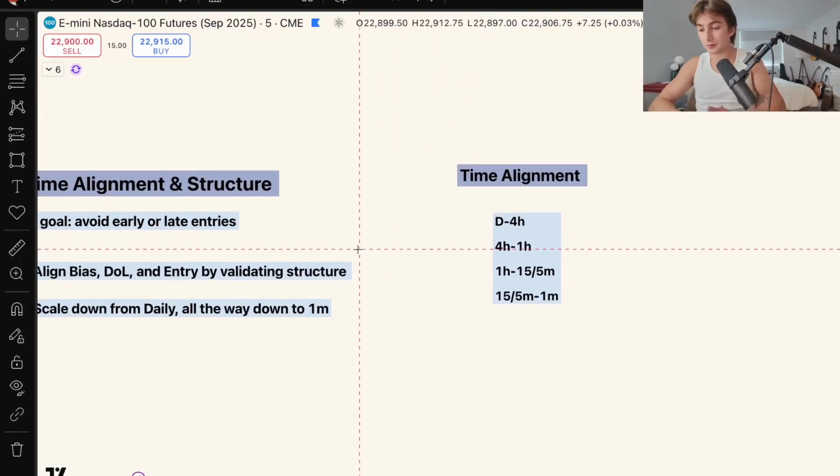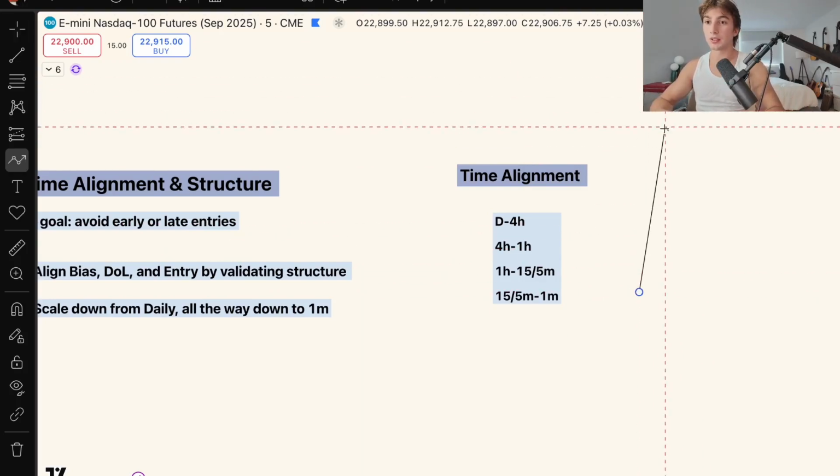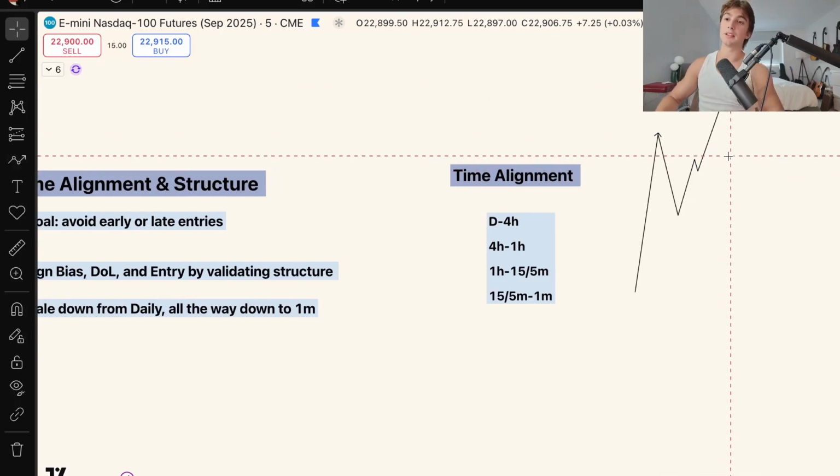Time alignment. So if you're seeing that the daily chart, for example, is bullish, you want to confirm that through the 4 hour, right? So the daily chart could look something like this, but on the 4 hour, you'd probably want to see maybe a pullback on the 4 hour to hit a 4 hour fair value gap, and then confirmation, so price can remain bullish on the daily.